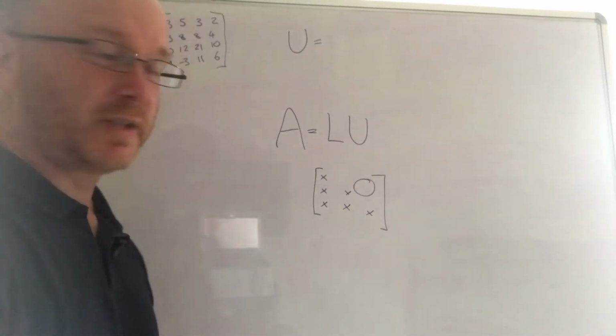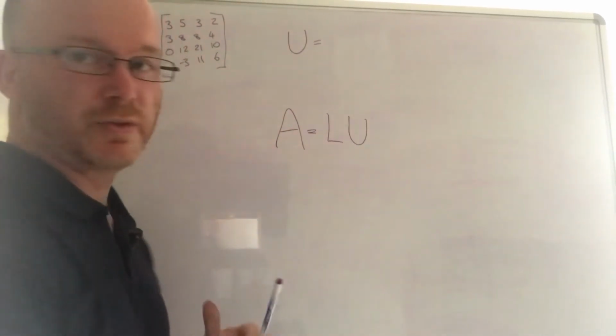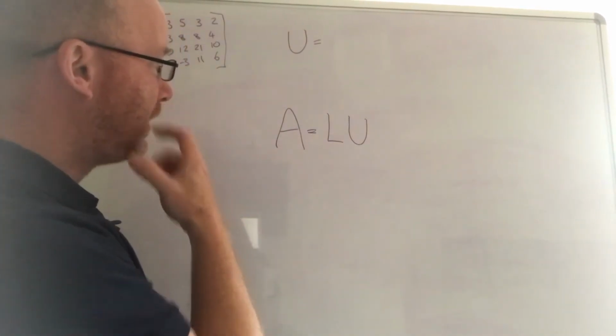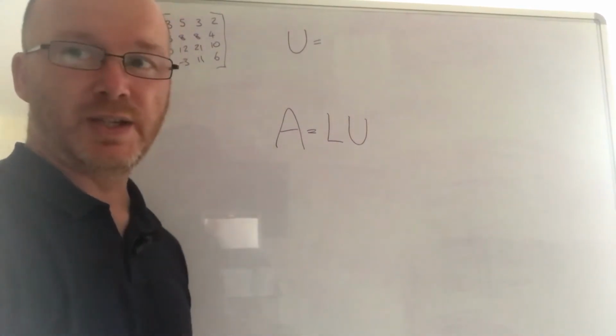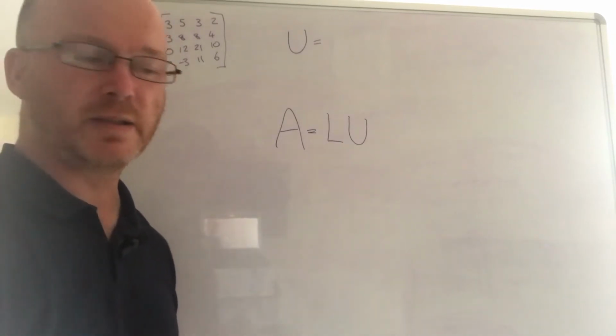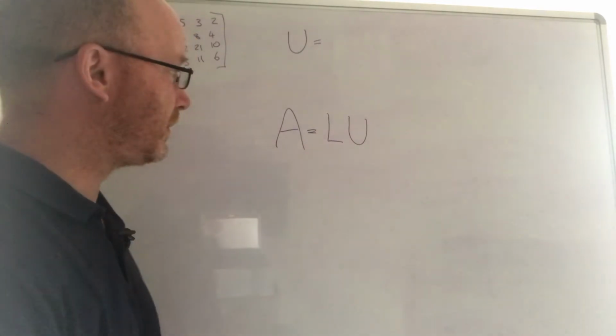Obviously, an upper matrix is the converse of that, so you'll have values in the upper region, which is interesting. And basically what we can do is we can use Gaussian elimination. So if you haven't done Gaussian elimination before, I'll give you an example here, but there are many resources to be able to work out how to do that.